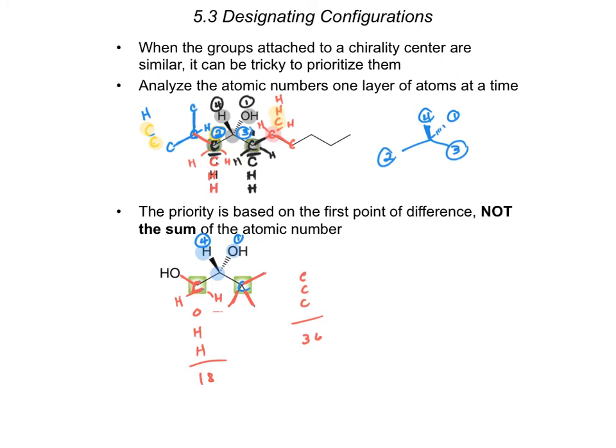So the 3 carbons have to get the priority. It's not. It is the first point of difference. Our first point of difference came between oxygen versus carbon. Who has a higher atomic mass? Oxygen. Okay, so because of that, this will get number 2, this will get number 3. It's not the entire group that's attached, it's literally the first point of difference.